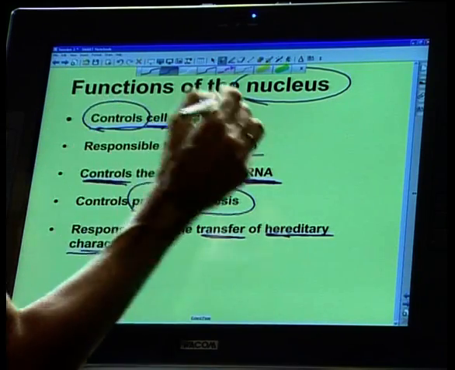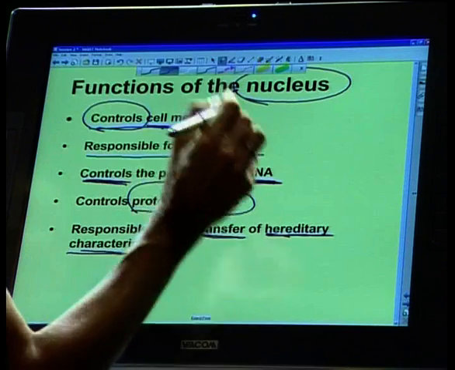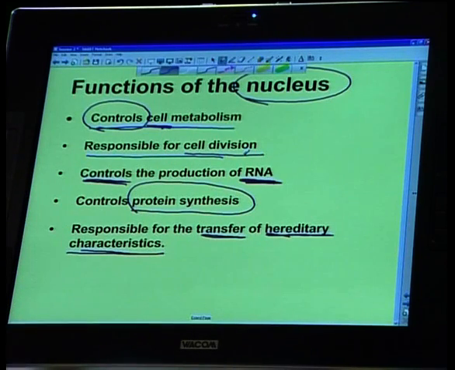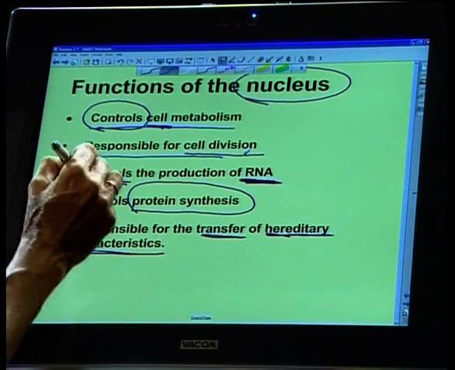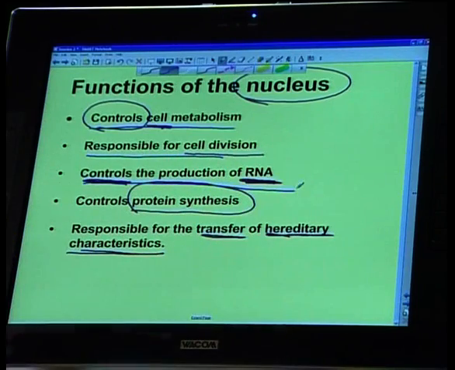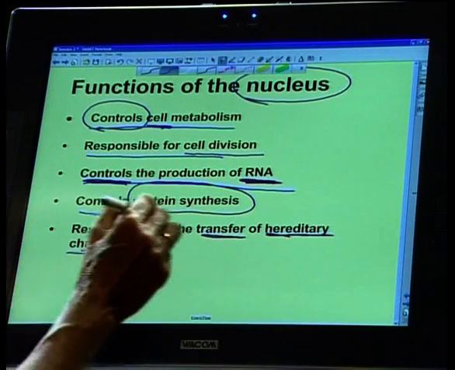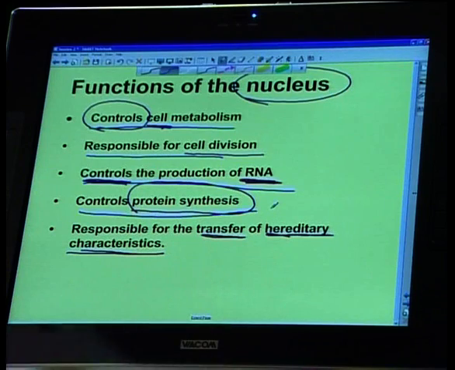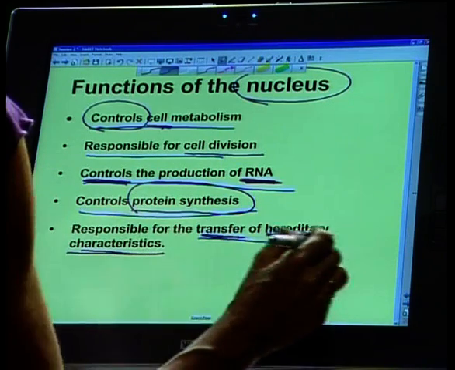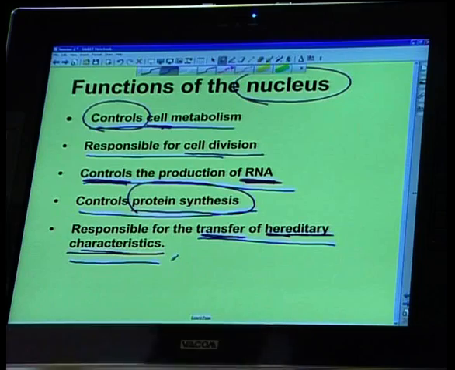It controls cell metabolism. It is responsible for all cell division, both meiosis and mitosis. It controls the production of RNA in the cells. It controls protein synthesis, and it is responsible for the transfer of hereditary characteristics. Now if that's what the nucleus does, and the DNA and the RNA are found in the nucleus, don't you think that's what their functions are?